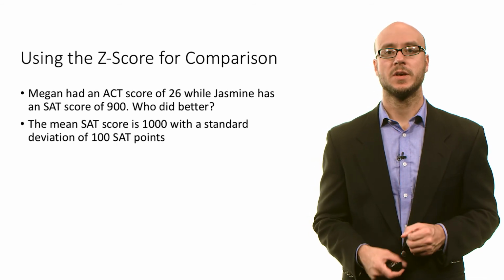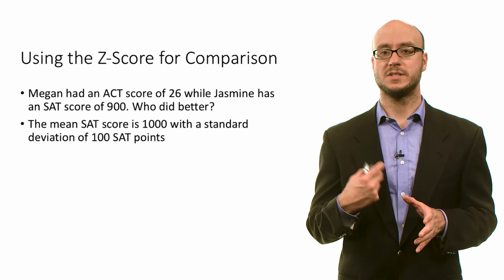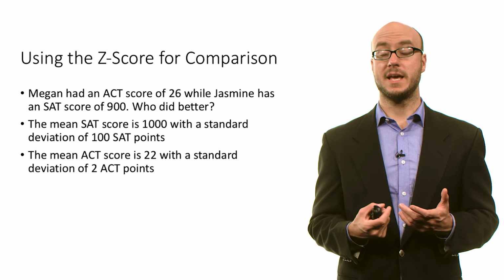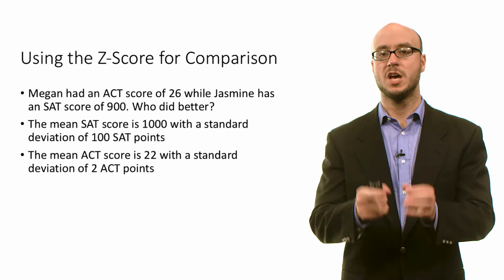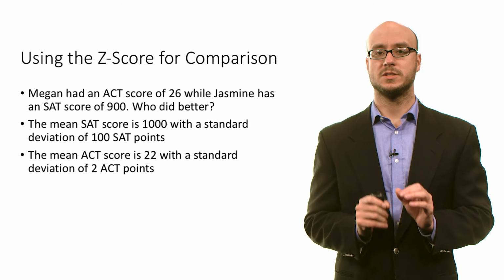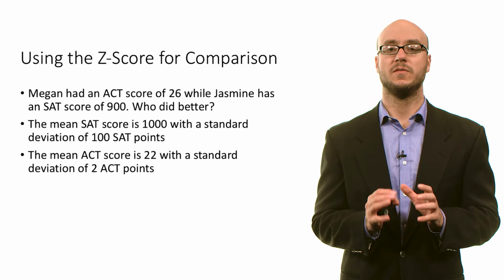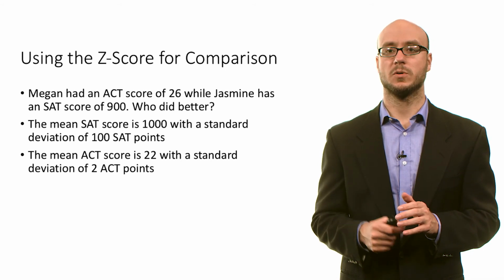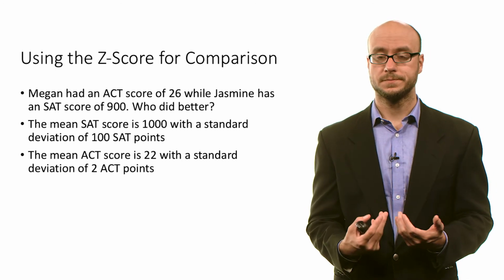Well, we know that the mean SAT score is 1,000 with a standard deviation of 100 points. And the mean ACT score is 22 with a standard deviation of 2 ACT points. Since we know the mean and the standard deviation for both variables, we can transform Megan's ACT score and Jasmine's SAT score into standard or z-scores.